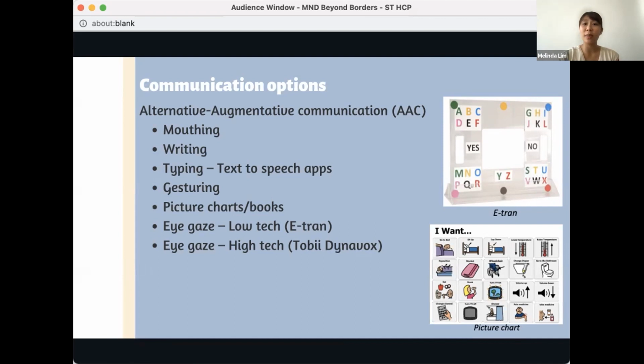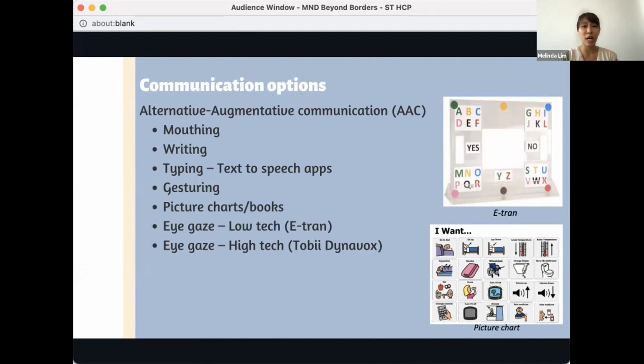With technology nowadays, it's not just about typing and somebody having to read what you have typed, but there are text-to-speech apps that you can type into and it will read out what you have typed. Gestures can help to augment what you are trying to say. If it's not so clear, you do a gesture like, I want a drink, and someone will probably be able to understand you a little bit better.